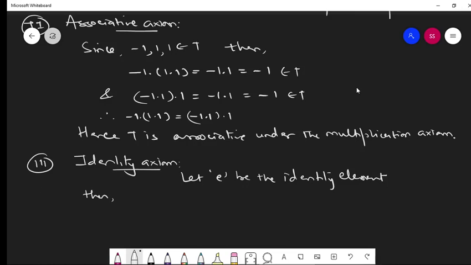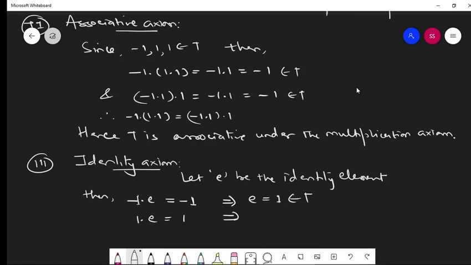Then -1 dot E equals -1. This implies E equals 1, which also belongs to T. Similarly, 1 dot E equals 1.